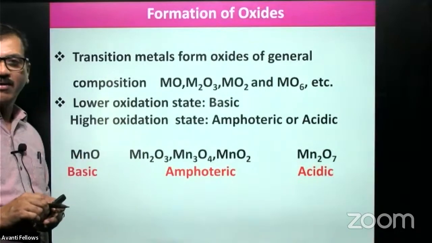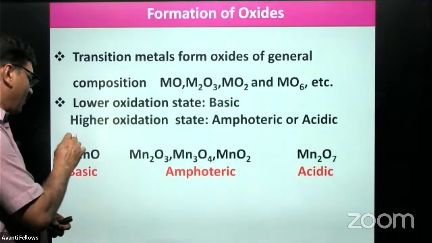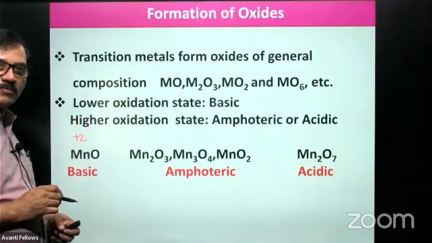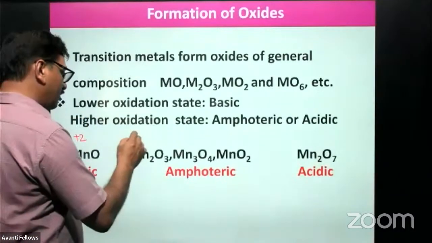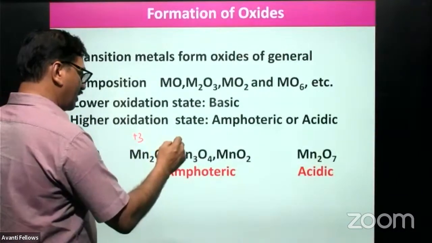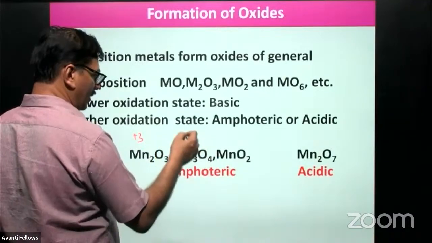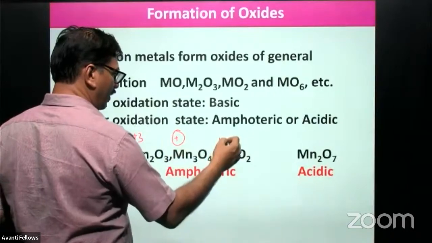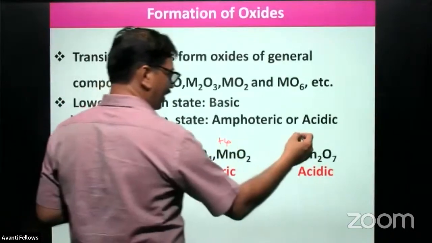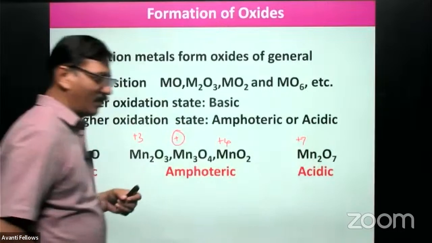MnO is basic; here manganese has a +2 oxidation state. Here manganese has +3, and this is 8/3, a fractional one. MnO2 is +4, and here it is +7.